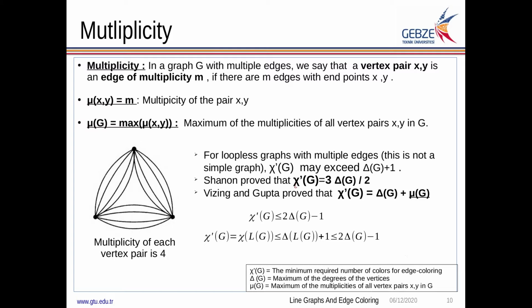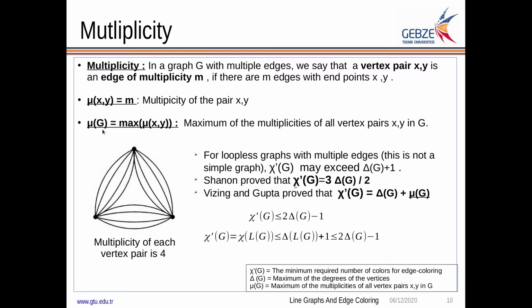Multiplicity in a graph G with multiple edges. We say that a vertex pair xy is an edge of multiplicity m if there are m edges with endpoints x and y. We show it by the Greek letter mu: mu of xy is equal to m, the multiplicity of the pair x and y.